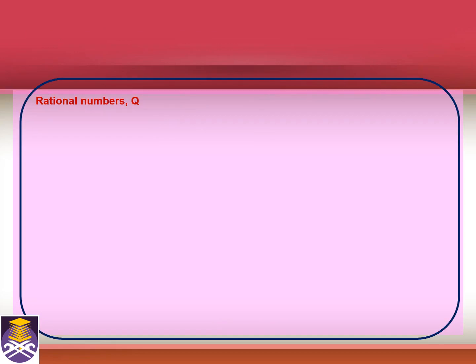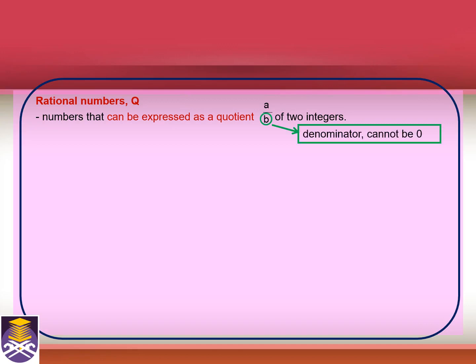Let us look in detail at the characteristic of each classification of numbers. Let us look at rational numbers denoted as Q. Rational numbers are numbers that can be expressed as fraction of two integers, such as a over b. And as we know, b, the denominator, cannot be 0.